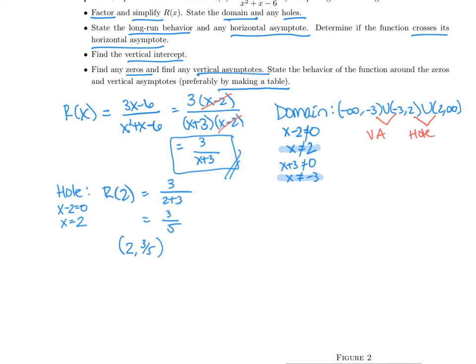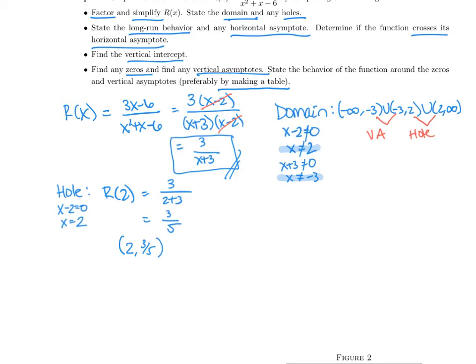Next, we're going to be looking for the long run behavior. And remember, that's connected to any horizontal asymptotes. So first, let's find that horizontal asymptote. I'm going to look at my equation over here. Now remember, I'm going to be looking at the degree of my numerator and the degree of my denominator, and compare those. If I look over here, there's actually not anything up here, so you can think of this as x to the power of 0.